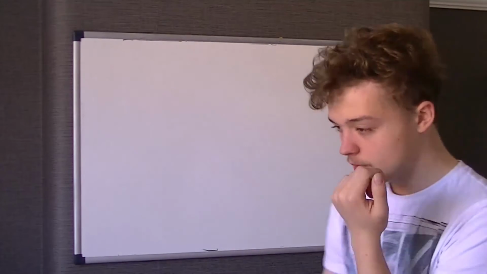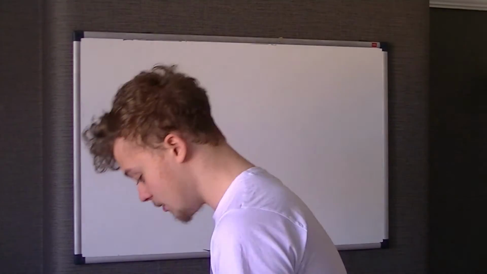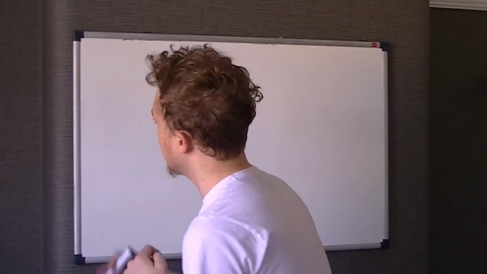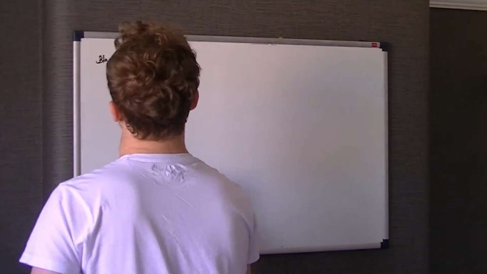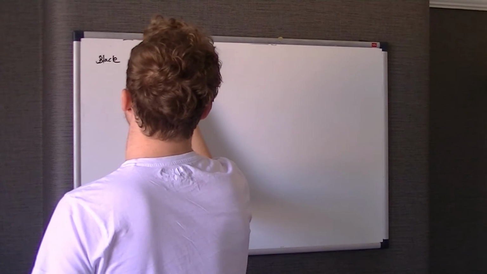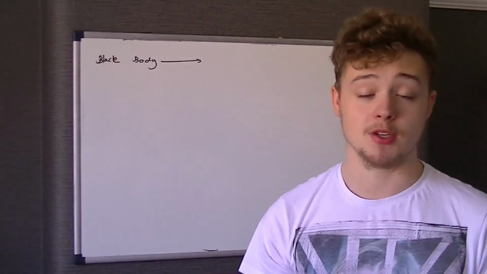Okay, so the next thing we're going to talk about is black bodies and black body radiation. So what is a black body? A black body is just an astronomical object, so a planet, a rock, whatever. A black body is an astronomical object in which the radiation entering, so the radiation it absorbs, is the same as the radiation it emits.